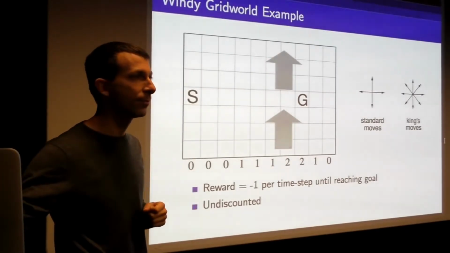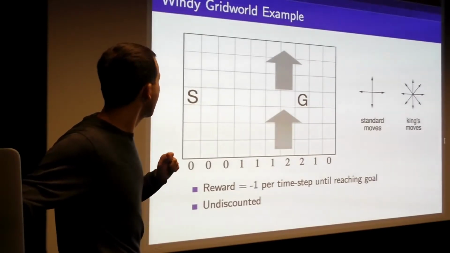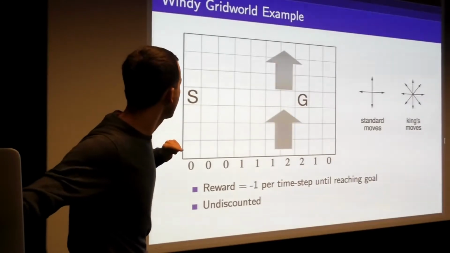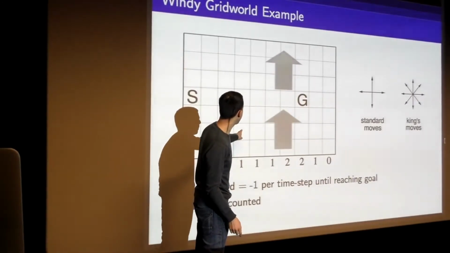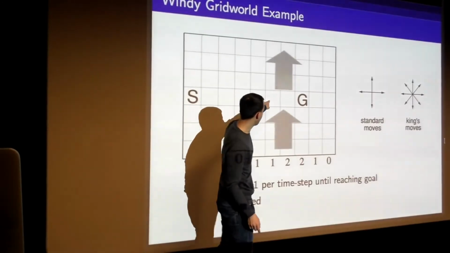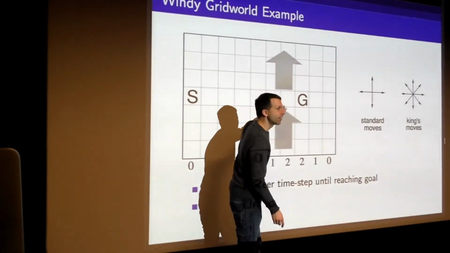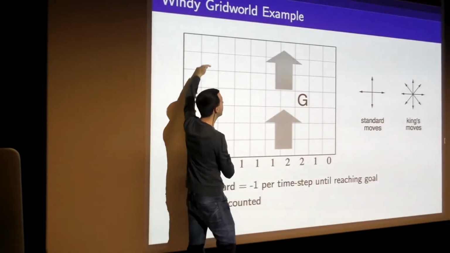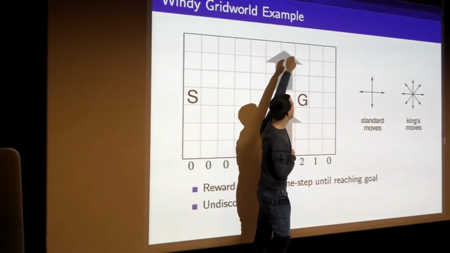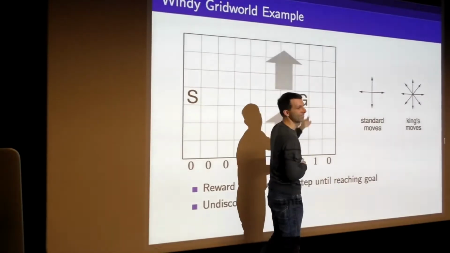Wouldn't you want to just go down and then be blown up to the goal? That's not optimal. If you try to go down, then what happens is you end up being blown up 1, blown up 1 again, blown up 1 again, blown up 2, and you end up overshooting the goal. So you can try to do that, but you don't hit the goal. You're better to get pushed up against the ceiling, come back around from the ceiling after that point, and come back to the goal again.